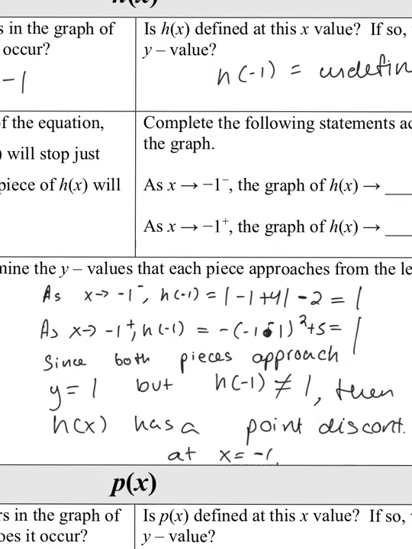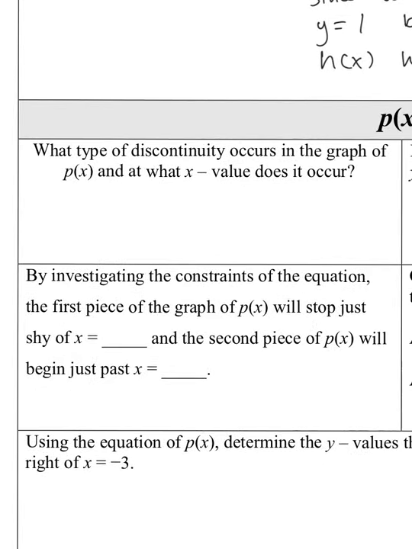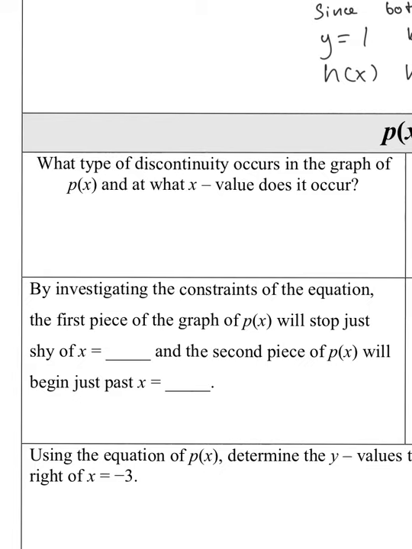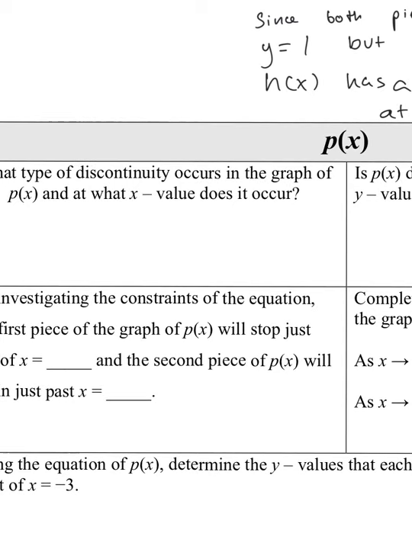All right, let's go ahead and move on to P of x. So it says, what type of discontinuity occurs in the graph of P of x, and at what x value does it occur? So P of x, we have a point.